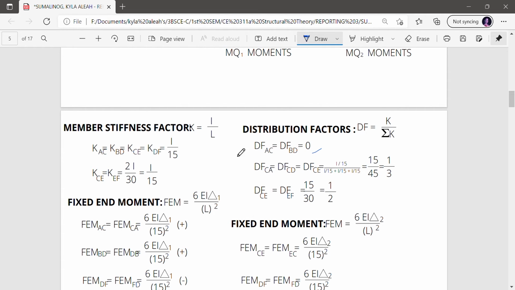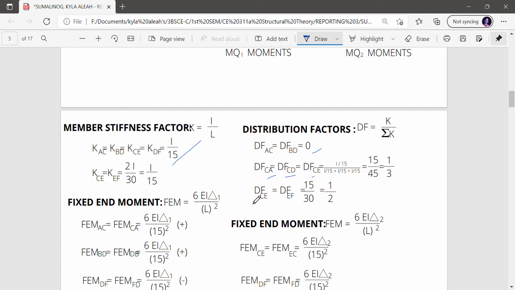So for CA, CD, and CE, its distribution factor will be equal to I over 15 over I over 15 plus I over 15 plus I over 15. These are the summation of the total member stiffness factor. Since there are 3 members, there are also 3 terms, and CA, CD, CE are all I over 15.